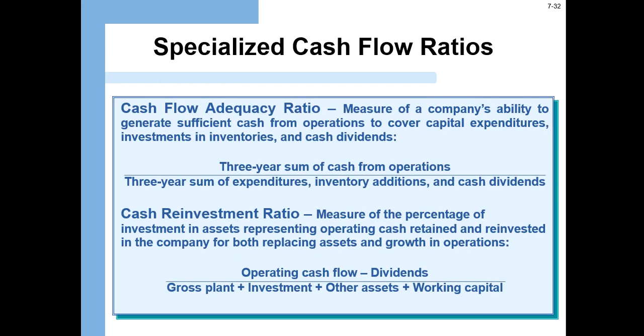Okay, so we have specialized cash flow ratios. We have some ratios over here to analyze cash flows. So the cash flow adequacy ratio measures the company's ability to generate sufficient cash from operations to cover capital expenditures, investment in inventories, and cash dividends. So these are the main components, main activities of the company that always need cash.